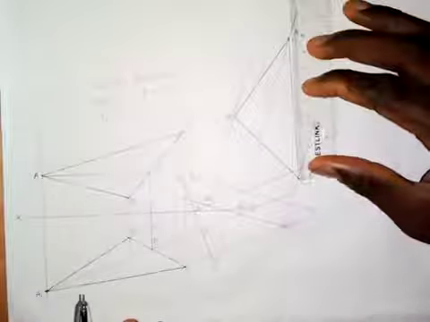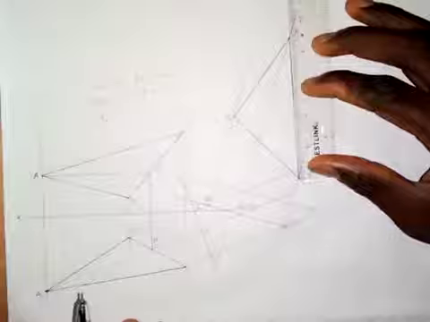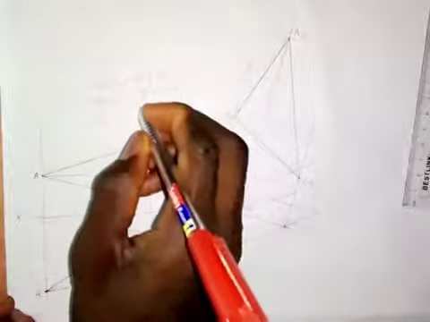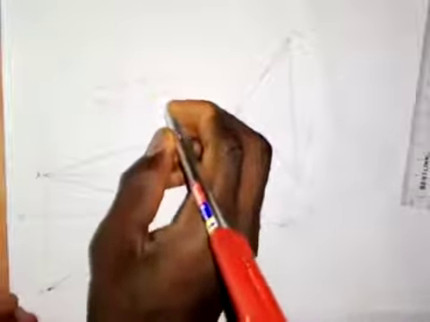And then A3C3. This is 89 millimeters, so write 89 plus or minus 1 millimeters. We write like this.